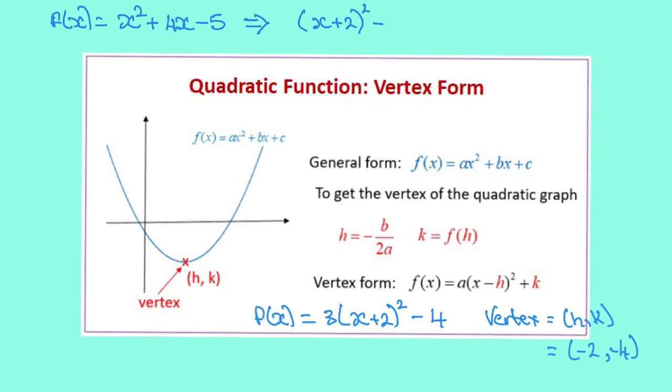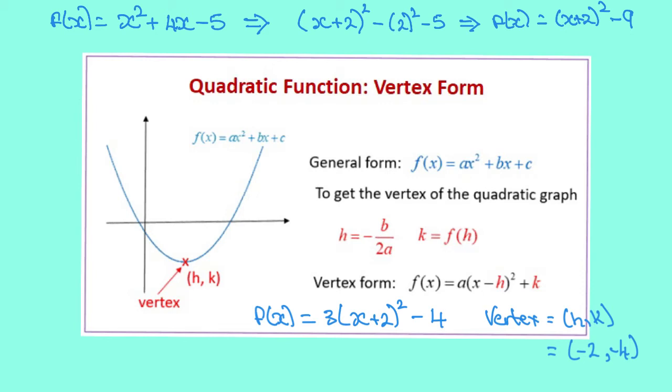We subtract the square of half the coefficient of x. Don't forget the minus 5 in this case. Now we can simplify. So f of x is equal to x plus 2 all squared minus 4 minus 5, which is minus 9.